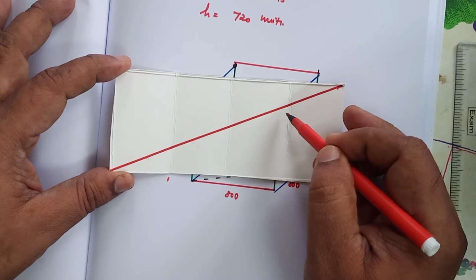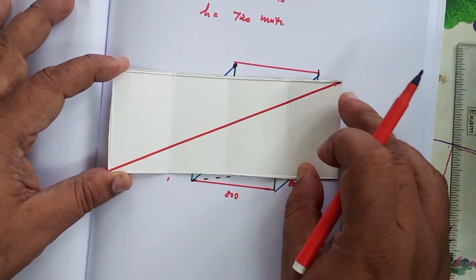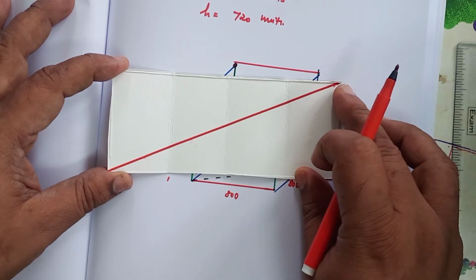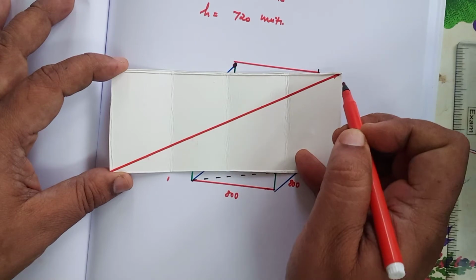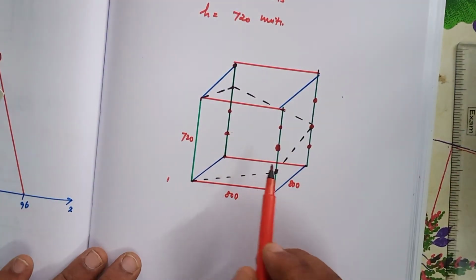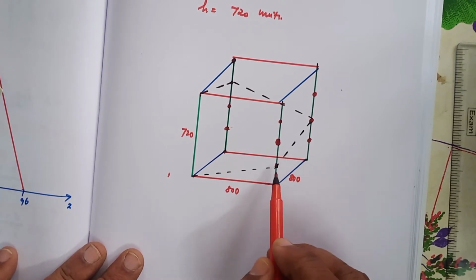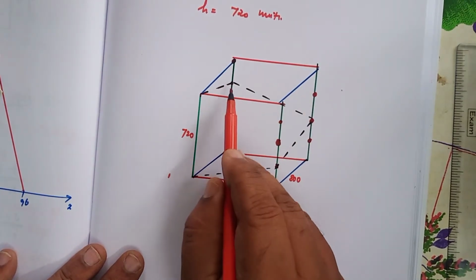From here to here, 3 by 4 of the total height. From here to here, full height. So it has been divided into 4 parts like that. 1, 2, 3, 4.